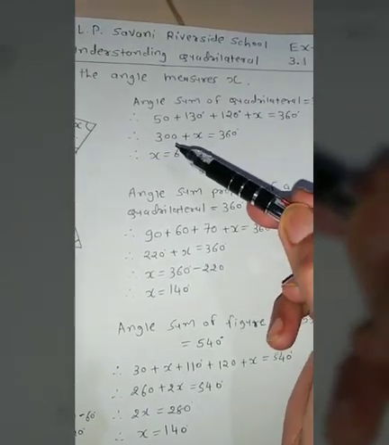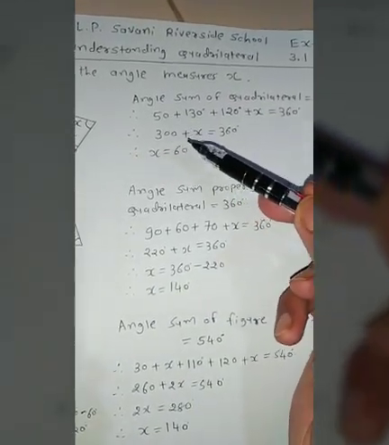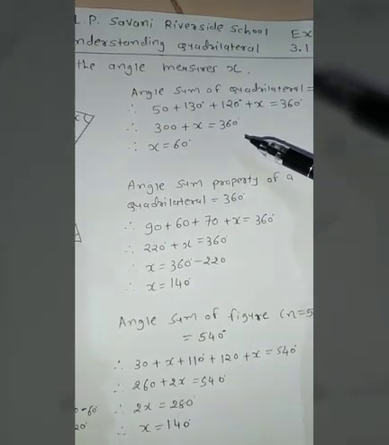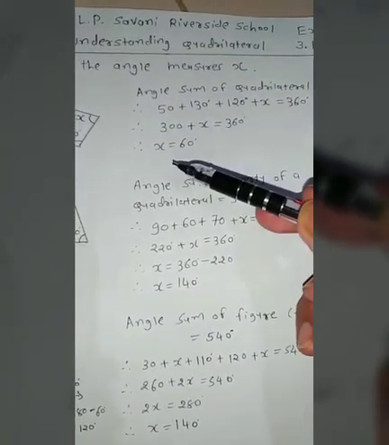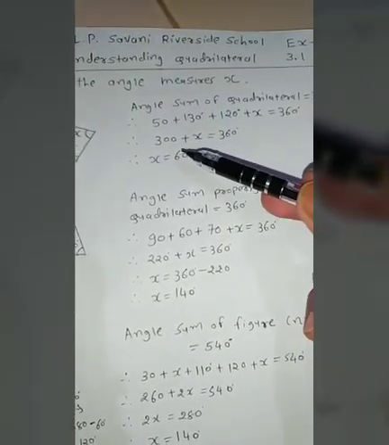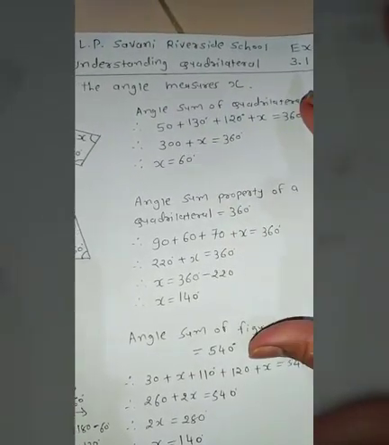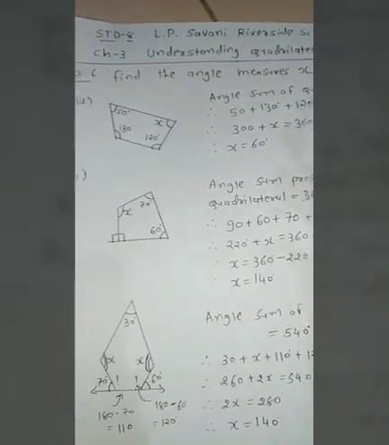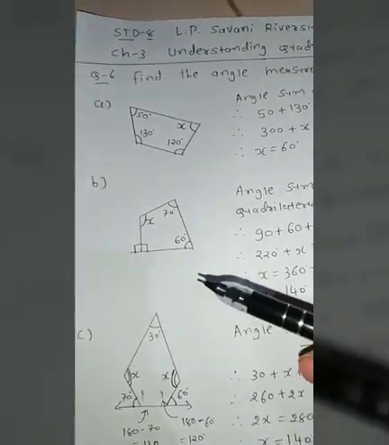By using this, I can find 300 plus x is equal to 360. In this way, I can find x is equal to 360 minus 300, which gives 60. Okay, we take another one.